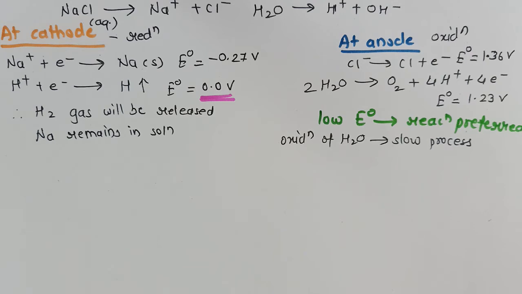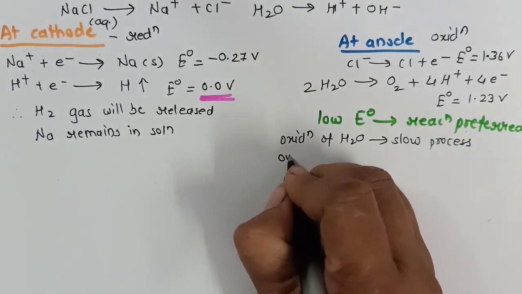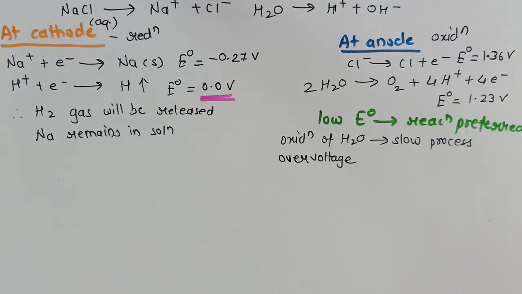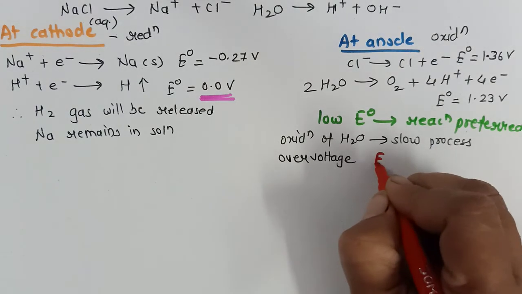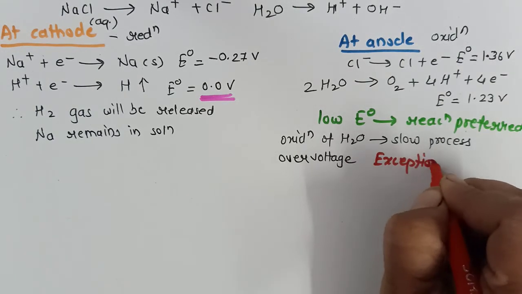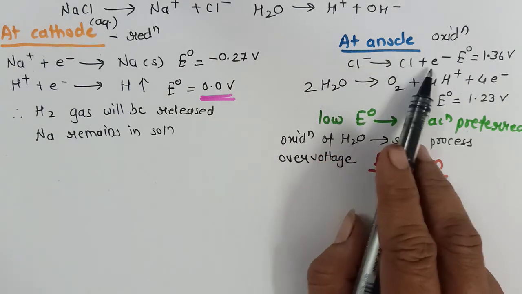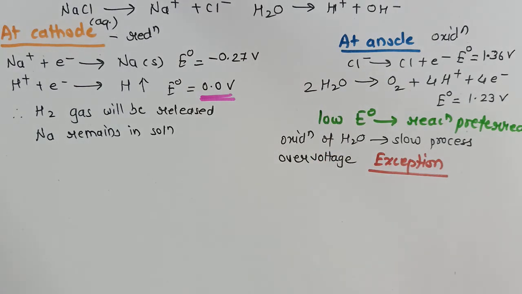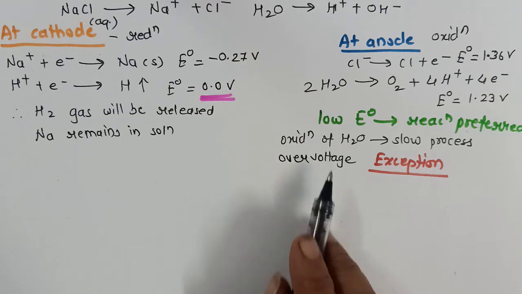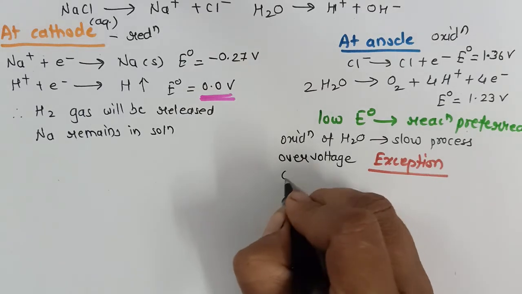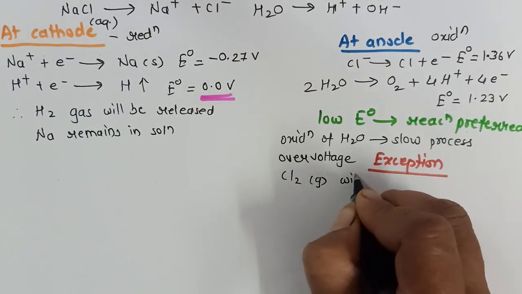It requires extra voltage, what we call overvoltage, and that is not suitable for an electrolytic cell, and therefore this becomes a case of exception where although the E naught value of oxidation of water is less, still oxidation of chlorine is preferred, that is chlorine gas will be evolved because overvoltage is required for oxidation of water, and therefore at anode I will say chlorine gas will be evolved.